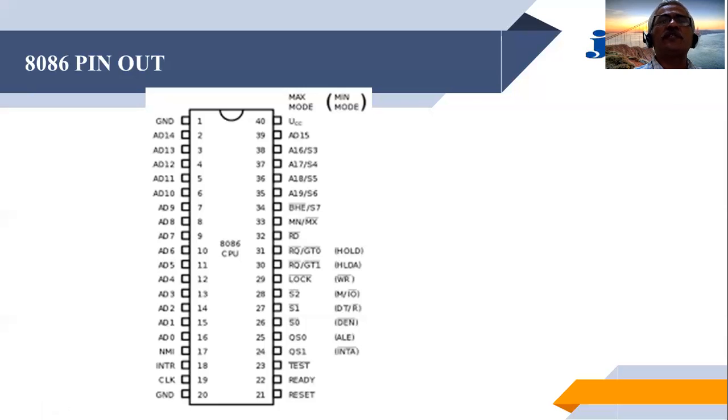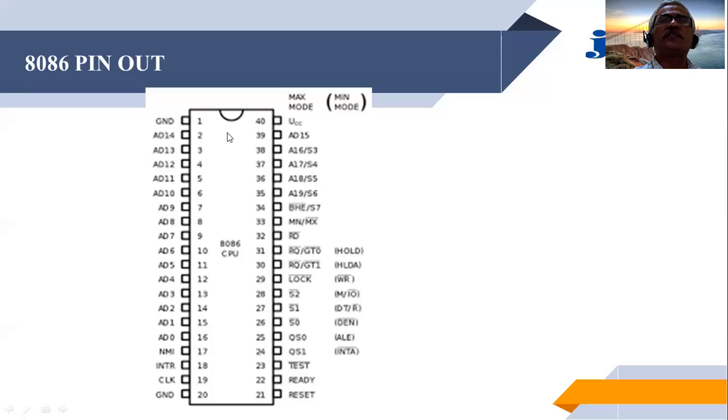What kind of provision does the 8086 have? We know the 8086 total memory space: A0 going up to A19, starting from pin number 16 going down to pin number 2, then moving to pin number 39 and coming down to pin number 35.